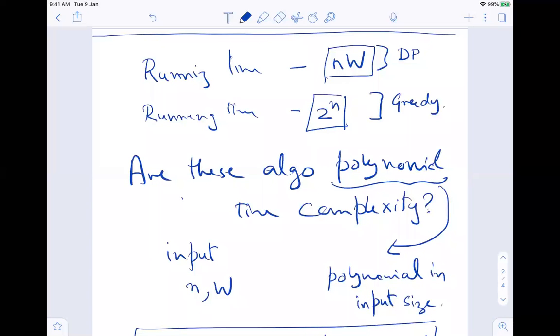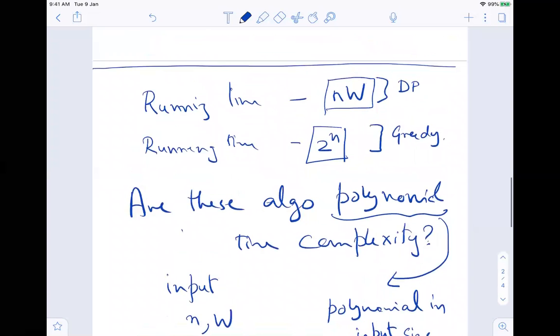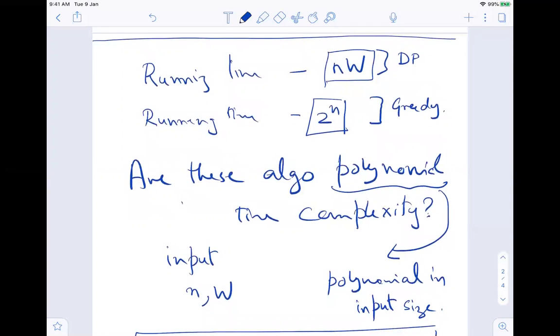Because I can choose W to be 2 to the power n. No, you are not choosing. W is given to you. W is a part of the input. So it's polynomial in n times W, not polynomial in n. Yes, it's polynomial in n comma W. So what we mean here is polynomial in all the input size. Then it is polynomial. Does everybody agree with this?